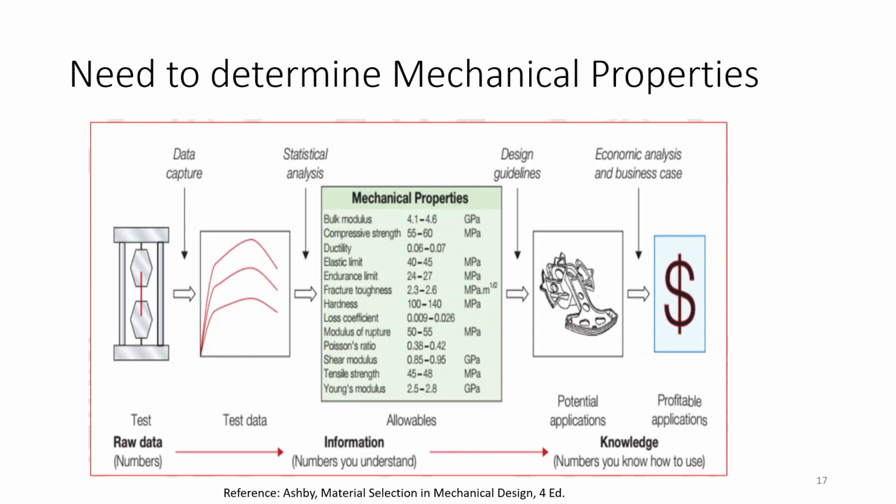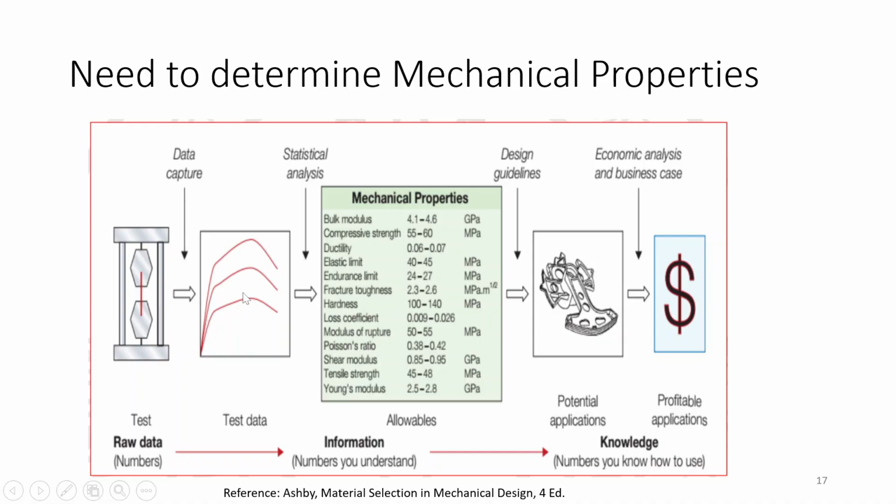Then next is need to determine mechanical properties. What is the need? So firstly to convert raw data into information, into numbers that you understand, and to knowledge, numbers you know how to use. So firstly we will be performing a tensile test.